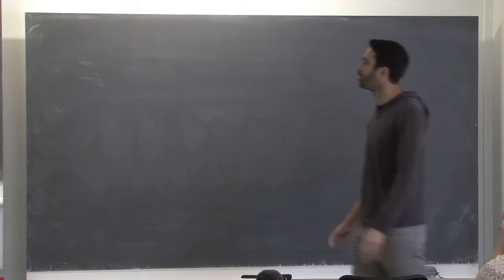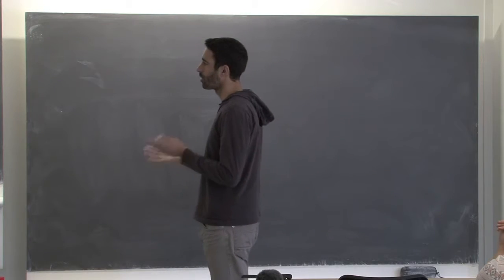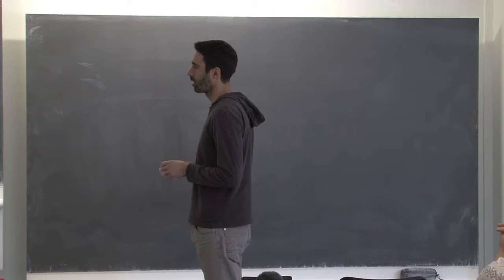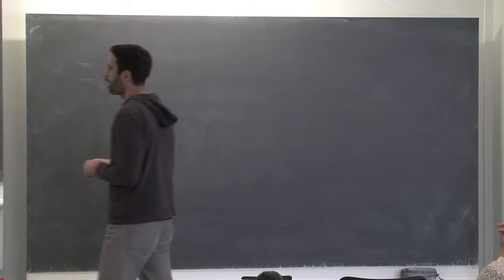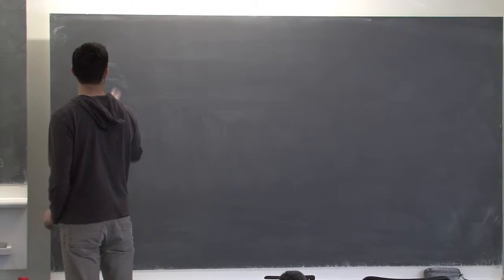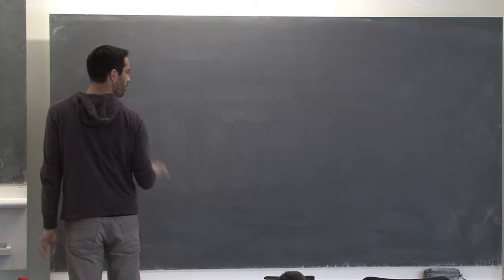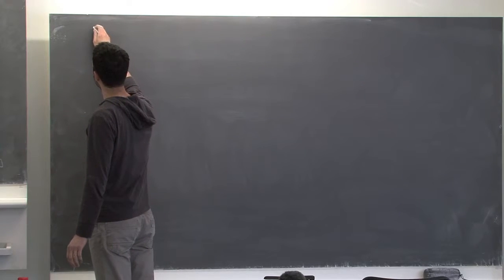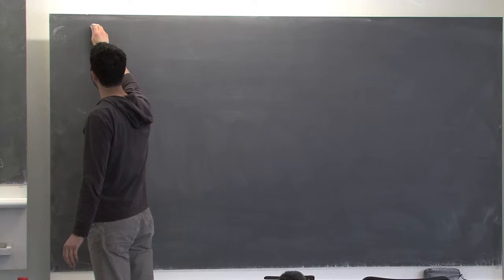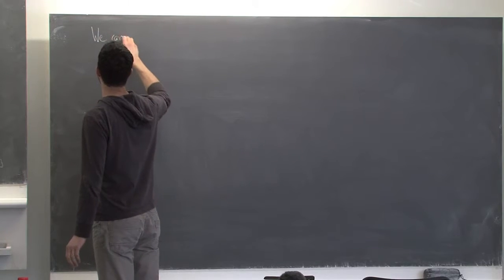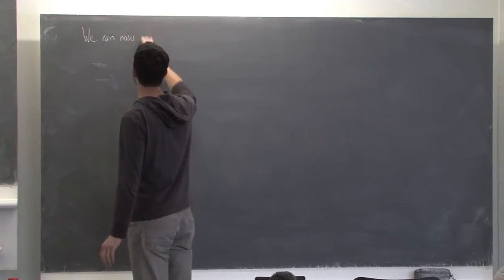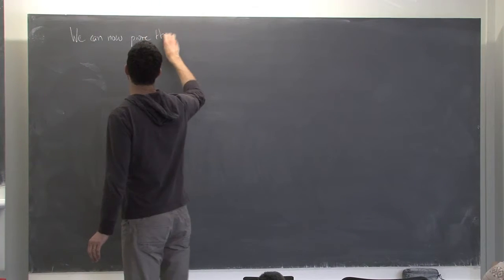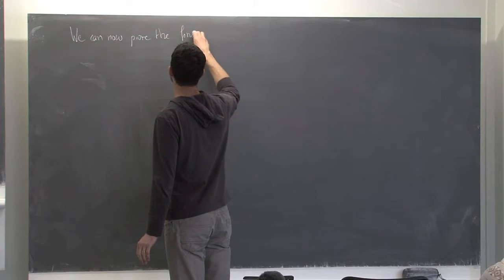We've been talking about these dimers and Pfaffians for, I think, the fourth week now. And everything comes into place now in maybe a little bit more than one board. We can now prove the final result.